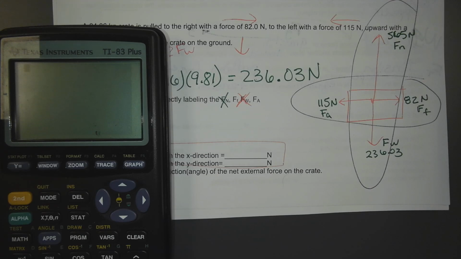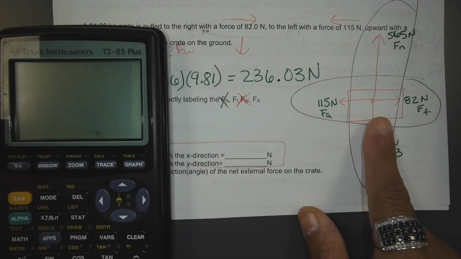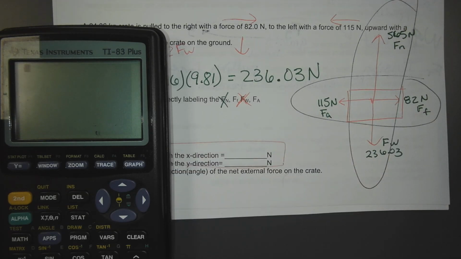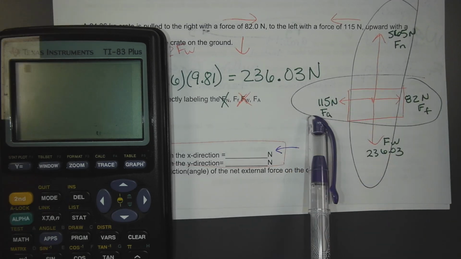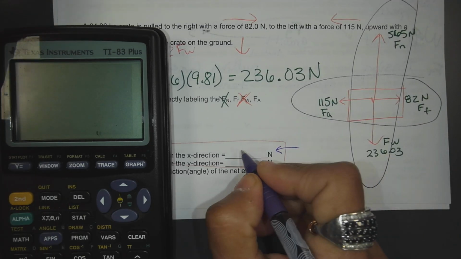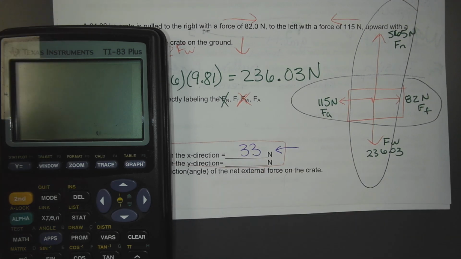I do need the direction that it's going to go. I can see that it is overall going to move over to the left, so I'm going to put a little arrow over here because 115 is bigger than 82. Your answer should be 33 newtons. Double check me because that's what I got earlier this week.